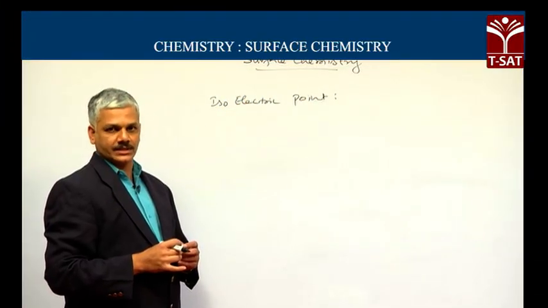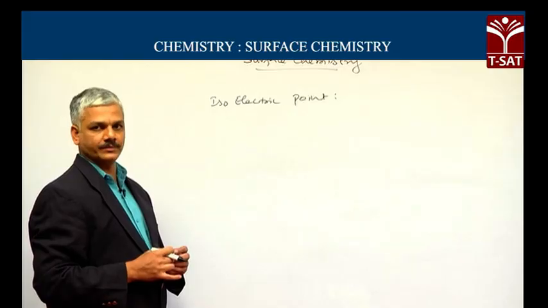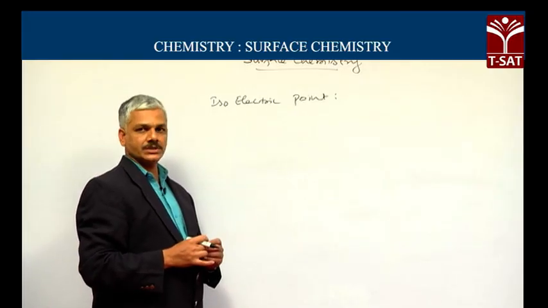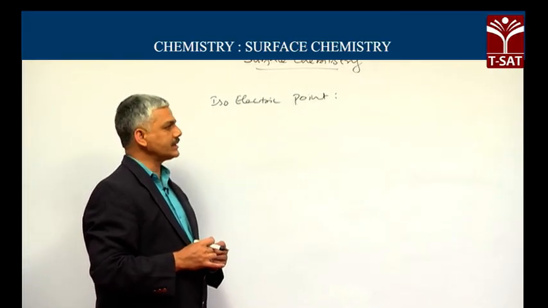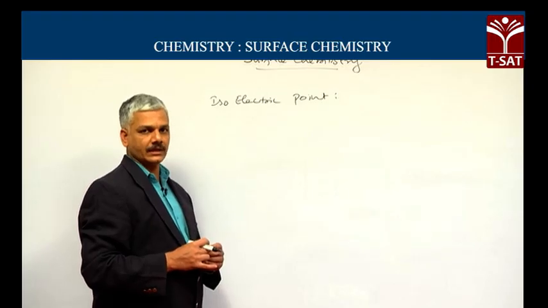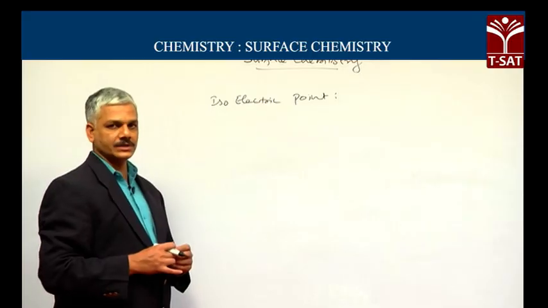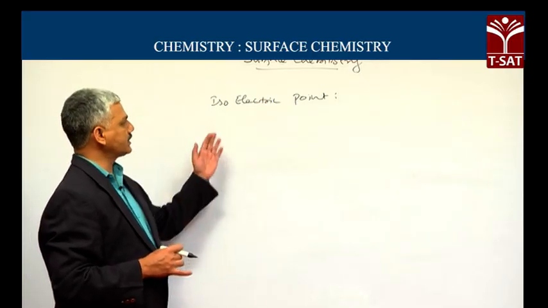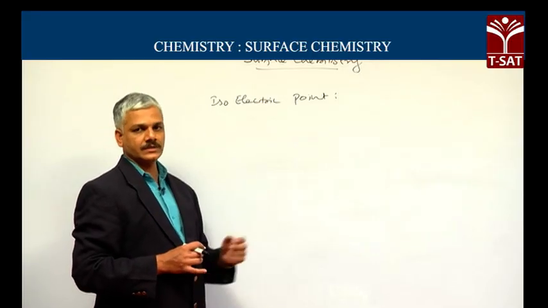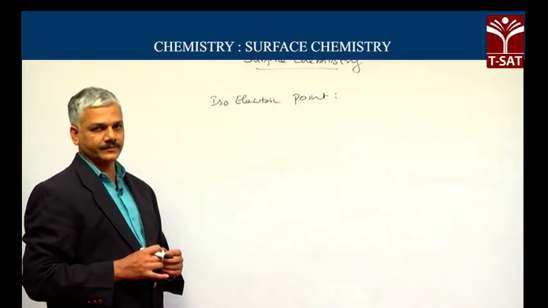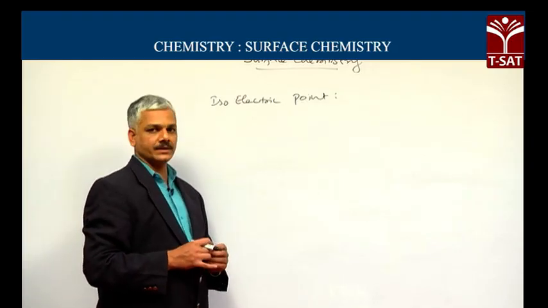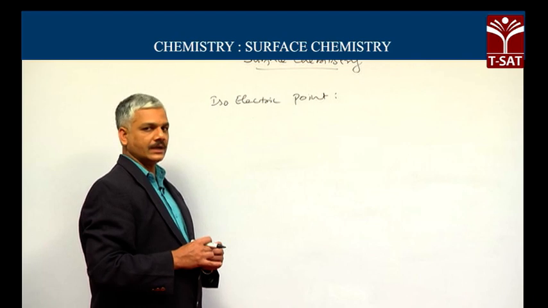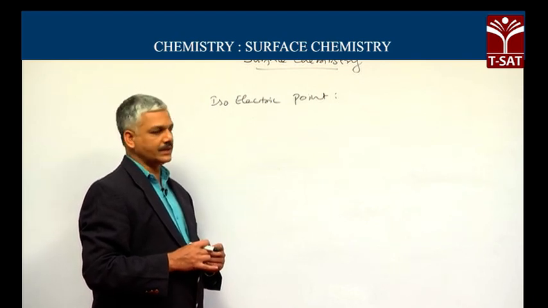Isoelectric point. The charge of a colloidal solution depends on pH value. The pH dependency of a colloidal solution regarding its charge is called isoelectric point. Above the isoelectric point, the colloid will carry negative charge.